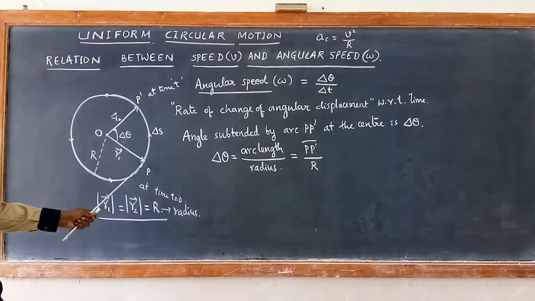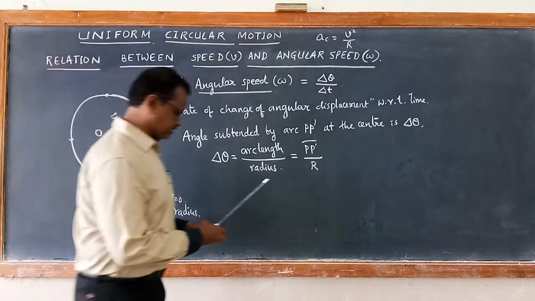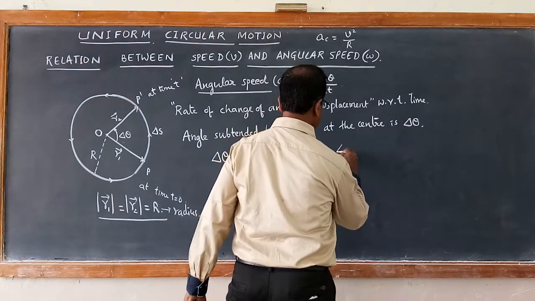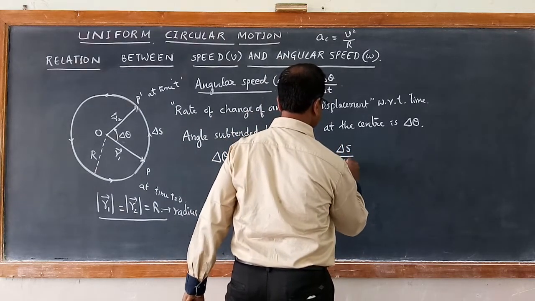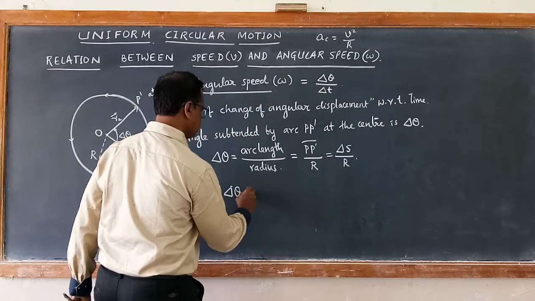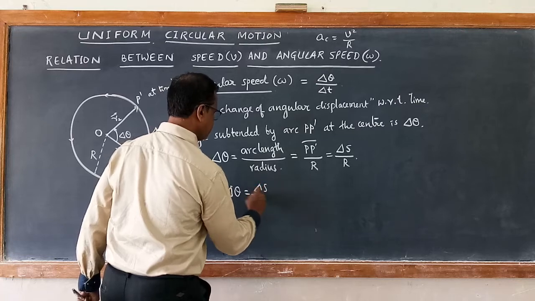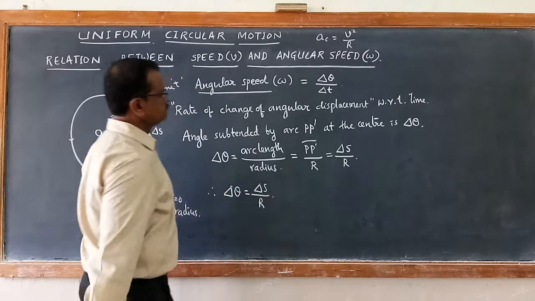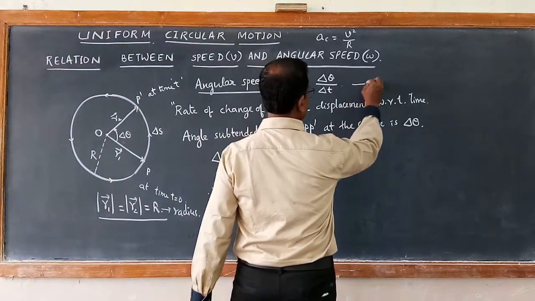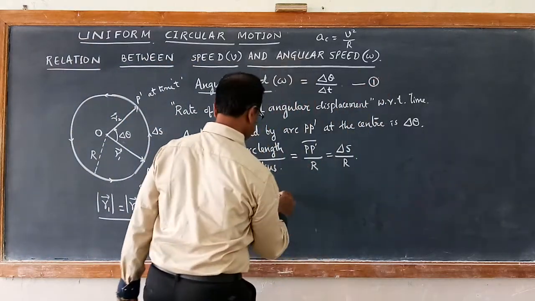And we have taken this pp dash as the distance covered delta s. Distance covered delta s by r. Therefore, I can write delta theta is equal to delta s by r. Call this equation 1. This equation 2.